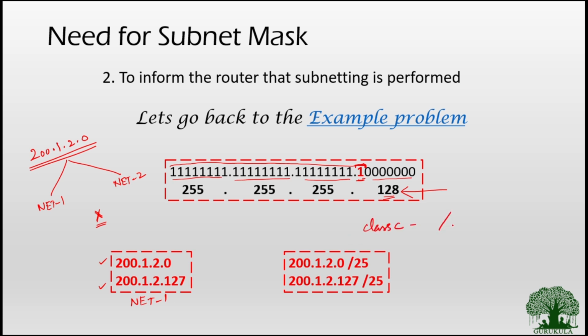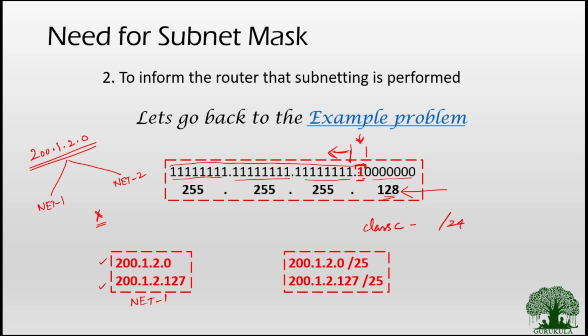And you can very well see that there is a /n representation. Generally for class C, the /n representation will be 24, which means that 24 bits are allocated for representing the network. But here we are subnetting the given address space. So these 24 bits we are not altering. The bits to the left of this particular line we are not altering, but we are taking one more additional bit here for subnetting purposes.